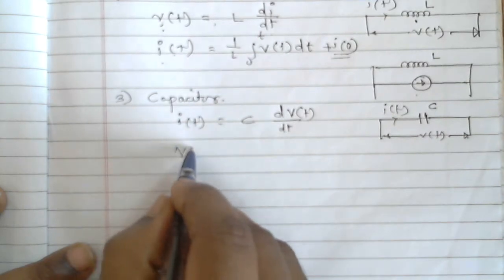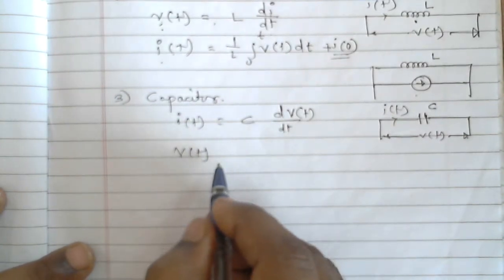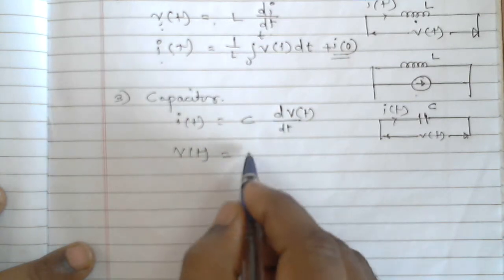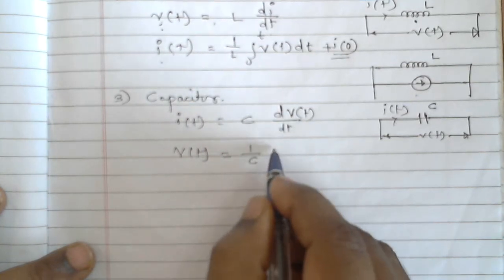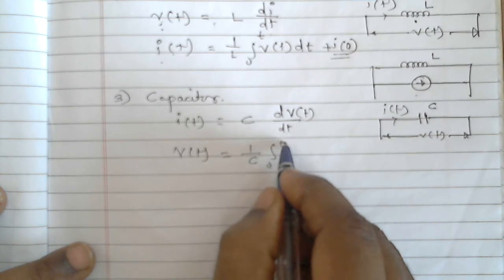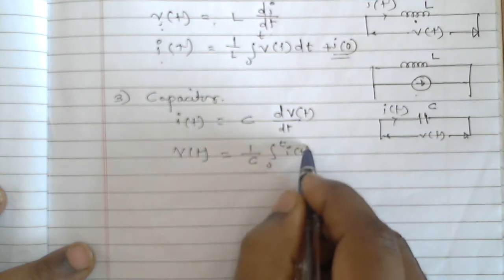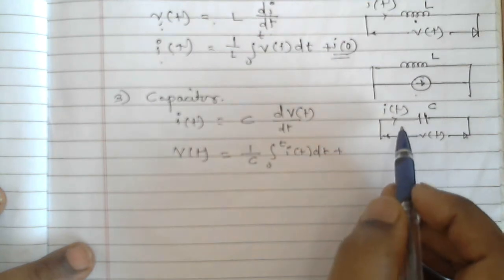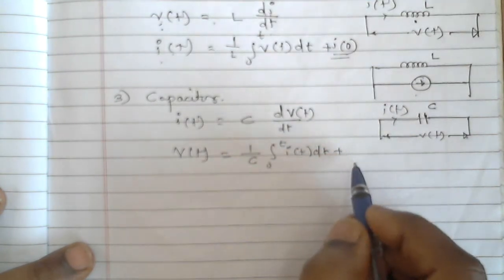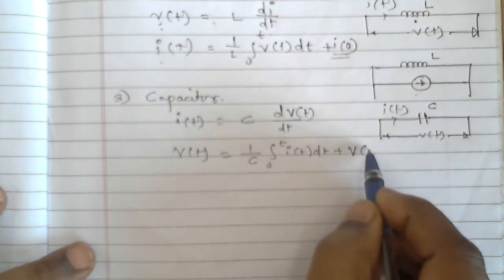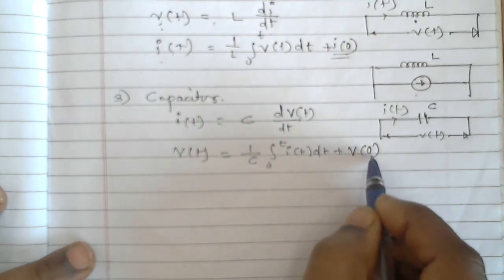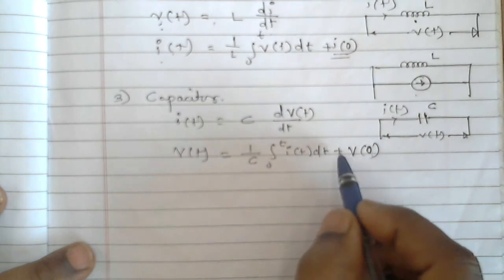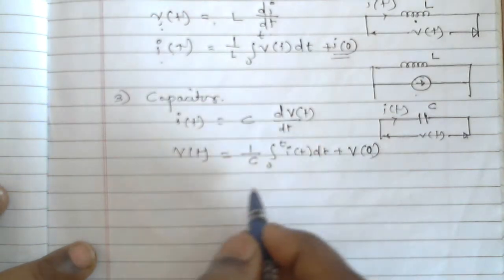Now how is the voltage equation written for a capacitor? v(t) is given as, rearranging this equation, 1 by C integration from 0 to t of i(t) dt plus, if that capacitor had some stored voltage in it, v(0). Here 0 means the initial condition, if it initially had some voltage stored.